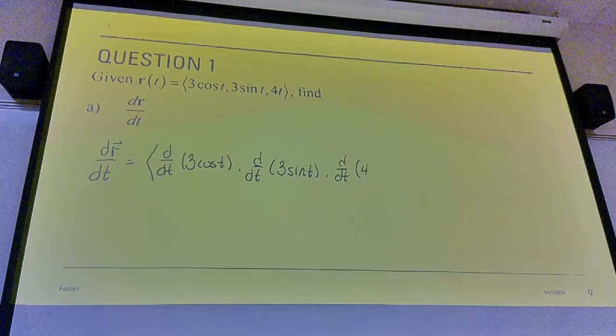And I know I'm not going to write that out every single time. But this is what we're doing. Derivative of 3 cosine t, minus 3 sine t. Derivative of 3 sine t. Derivative of 4t. There's the r'(t).